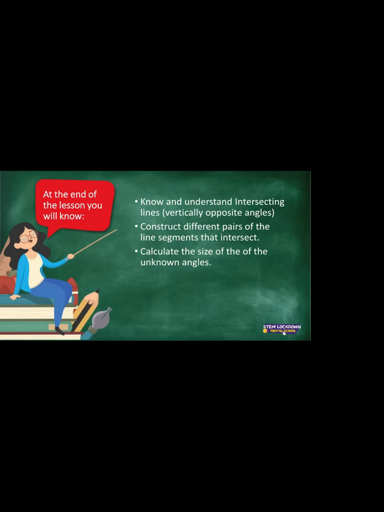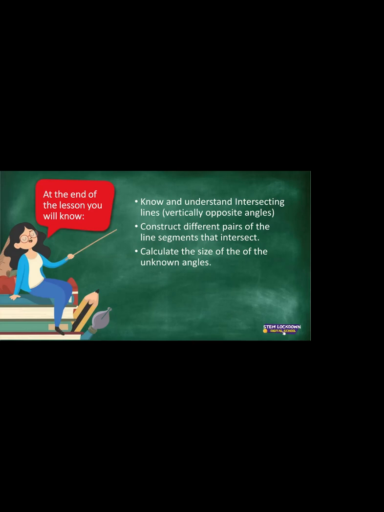The second objective is to construct different pairs of line segments that intersect. This is basically constructing your own vertically opposite angles, right? So in this case, you'll be able to construct your own vertical angles. You'll be able to do them yourself. And it's very easy.